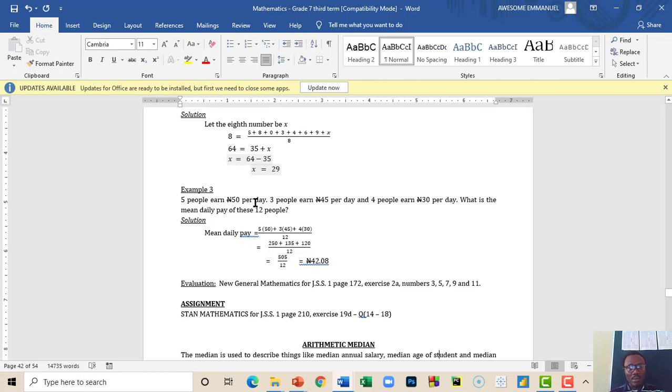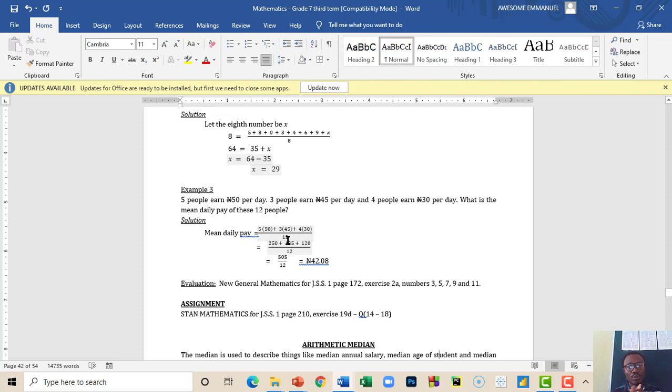Now look at example number 3 here. If 5 people earn 15 naira per day, 3 people earn 45 naira per day, and 4 people earn 30 naira per day, what is the mean daily pay of these 12 people? To get the mean daily pay of the 12 people, just like the average, you get the total money earned by all these people, but the number of people is 12. How do we get the 12? 5 plus 3 plus 4 gives 12, the total number of people.